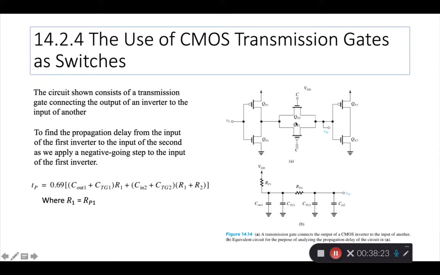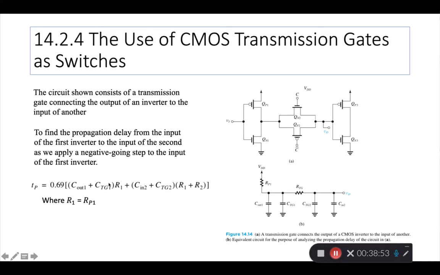Because of the fact that this has a resistance and there are capacitances in the circuit, it is a complicated formula to find the TP, the average propagation delay. This circuit shows a transmission gate in the middle. It connects the output of one inverter to the input of the next, so it's acting as a switch.